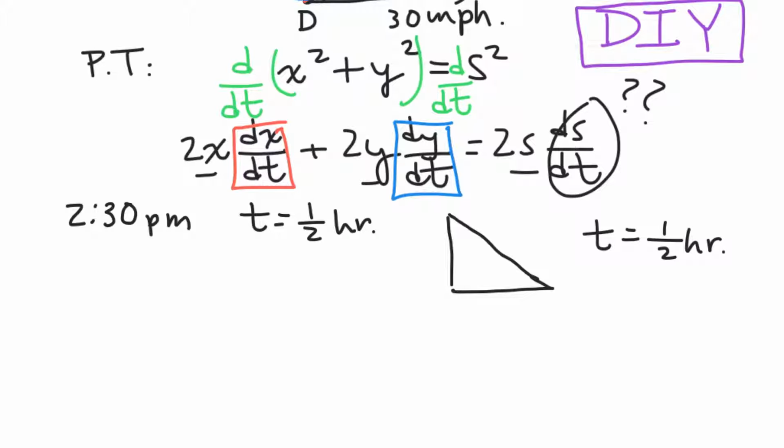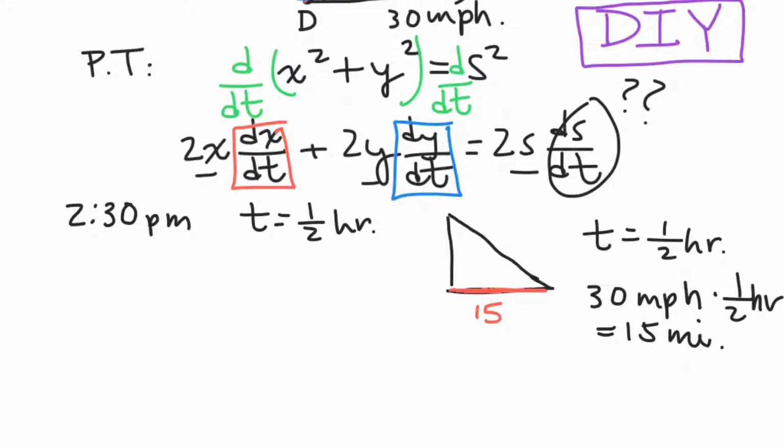Okay? So we know that John is traveling 30 miles per hour. So after 1/2 hour, he will have gone 30 miles per hour times 1/2 hour, which is 15 miles. So this will be 15. And what about Allison?